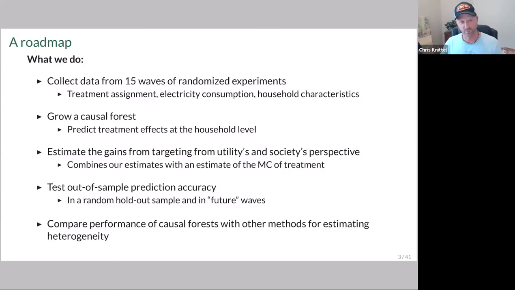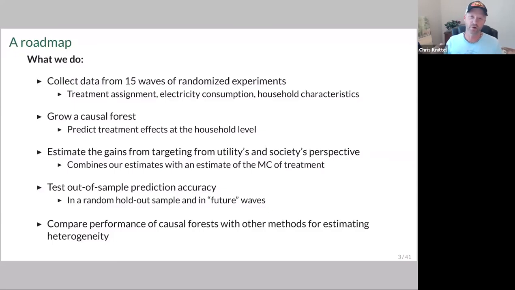For a set of waves, we're going to grow a causal forest. That causal forest will give us a prediction for every household of what their expected treatment effect is. And then we're going to combine that with marginal cost data, as well as the benefit of a reduction in electricity consumption.